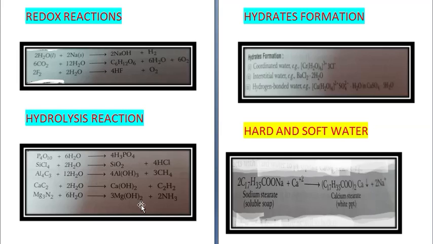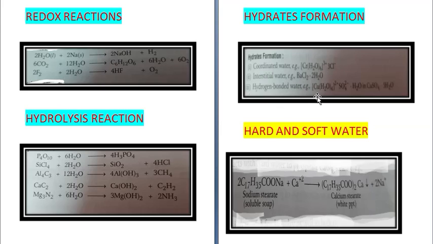Apart from it, water forms hydrates in coordination compounds. It gives coordinated water like [Cr(H2O)6]3+ plus 3Cl-. So it is in the main coordination complex and it is acting as a ligand. So it is coordinated water. It can also form interstitial water like BaCl2.2H2O, simply 2 molecules of water being added to BaCl2.